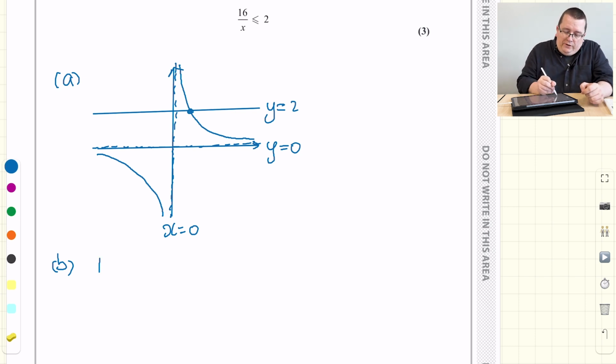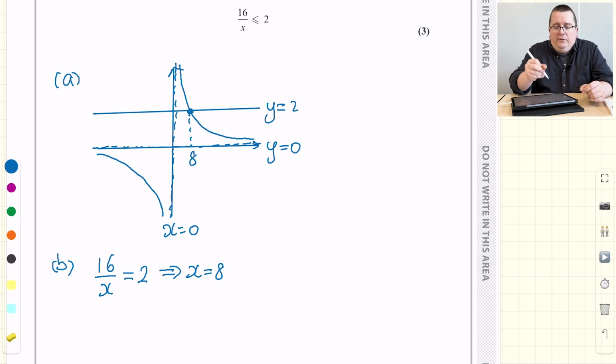So if you consider 16 over x is equal to 2, then that gives you x is equal to 8. And that would be that point there. So the inequality is asking, where is this graph below or equal to the graph y equals 2? It's below here, because that's where the curve is below the line, and it's below it here, too.